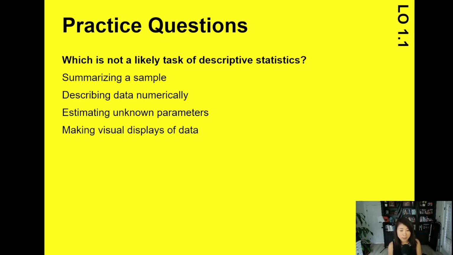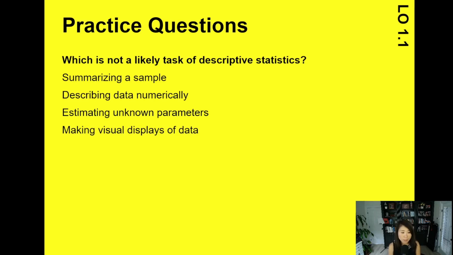As I just mentioned, descriptive statistics is literally just stating the facts. So summarizing a sample is just stating the facts about how your sample looks, therefore it is descriptive statistics. And describing data numerically, again, is describing the facts and not trying to forecast something unknown. Therefore, the second option is still considered descriptive statistics.